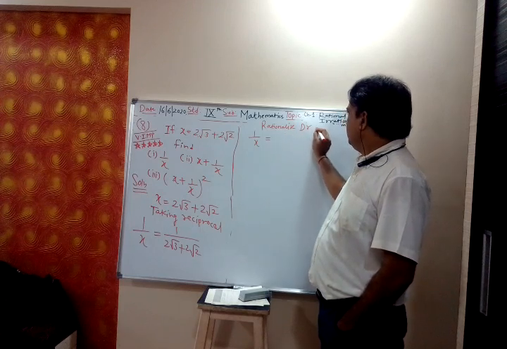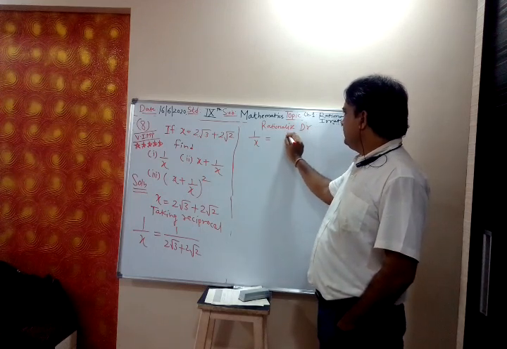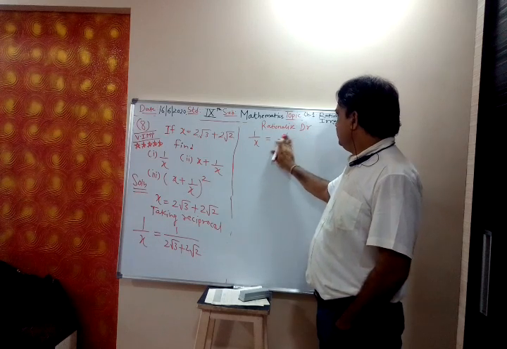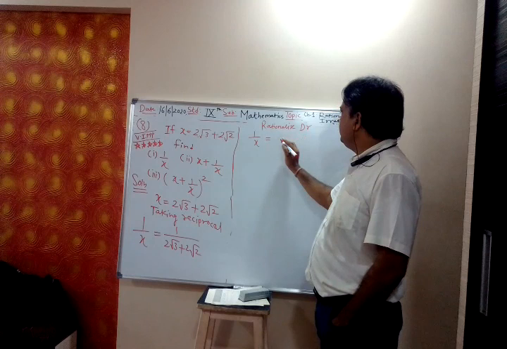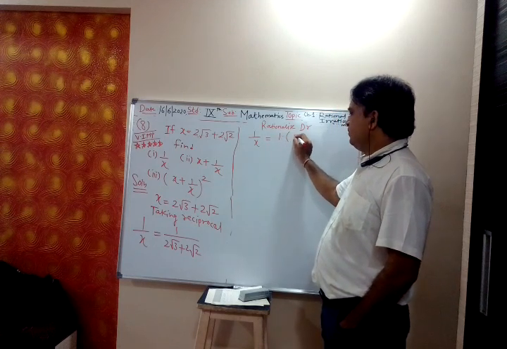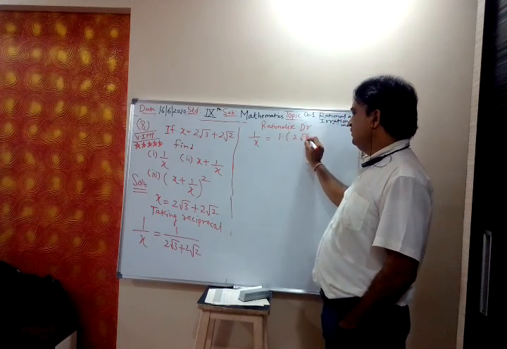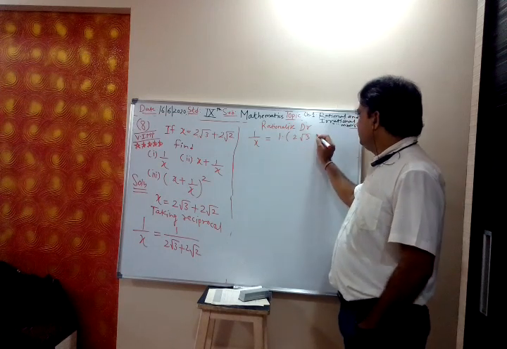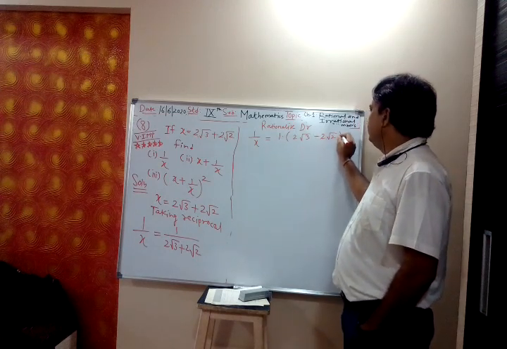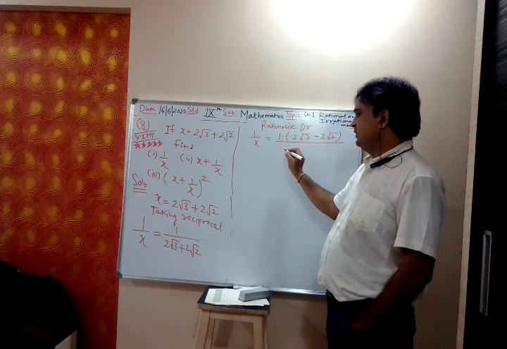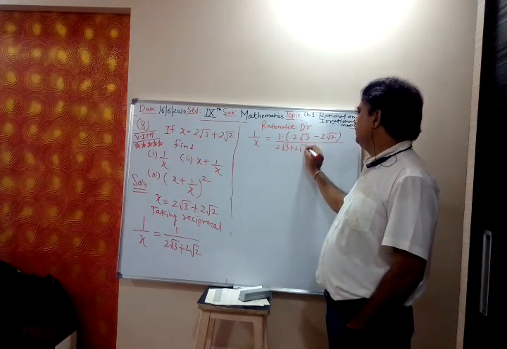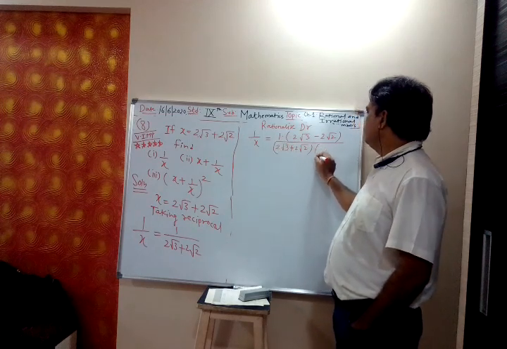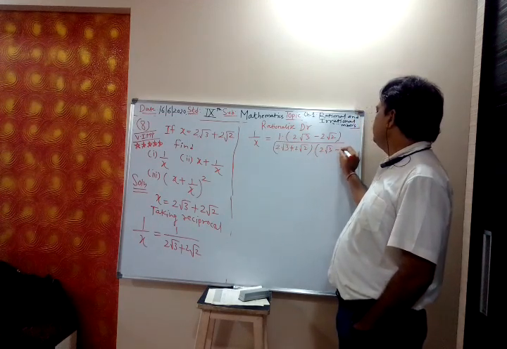So rationalize the denominator. So this becomes 1 upon 2 root 3 plus 2 root 2. We multiply and divide by 2 root 3 minus 2 root 2. So 1 into 2 root 3 minus 2 root 2, upon 2 root 3 plus 2 root 2 into 2 root 3 minus 2 root 2.